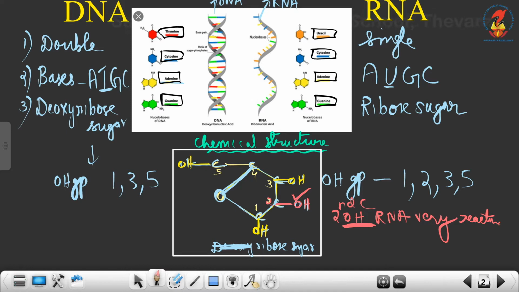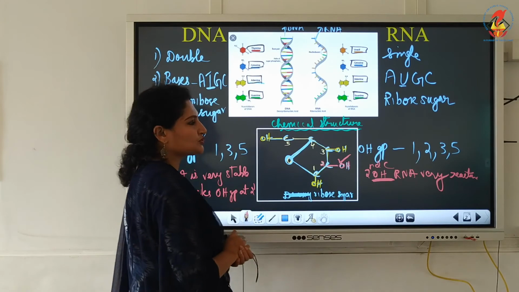Or in terms of DNA, DNA is very opposite of reactive, is very stable. The reason is because it lacks the hydroxyl group at the second carbon atom. Clear? So this is the chemical structure of the deoxyribose sugar and ribose sugar.